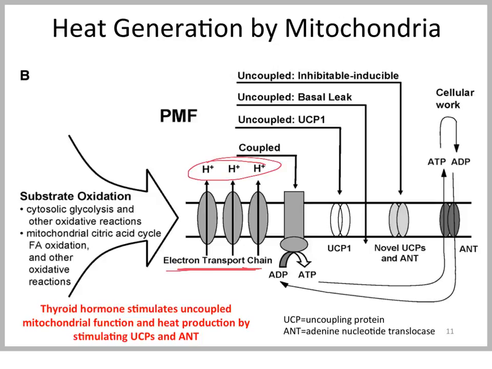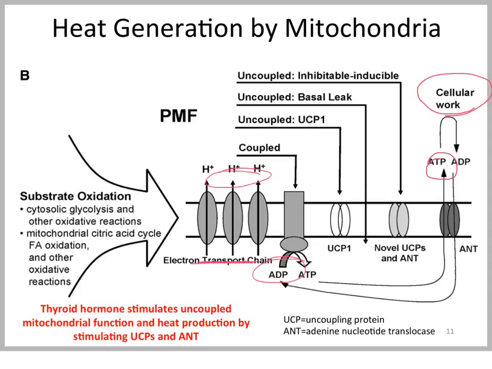And so when this hydrogen ion gradient is coupled through the process, you get ATP generation. And of course, the ATP is exported by the adenine nucleotide translocase here outside to allow cellular work. So that's the coupled reaction.